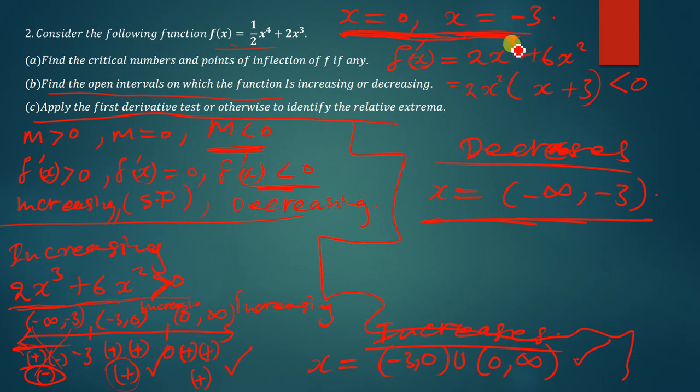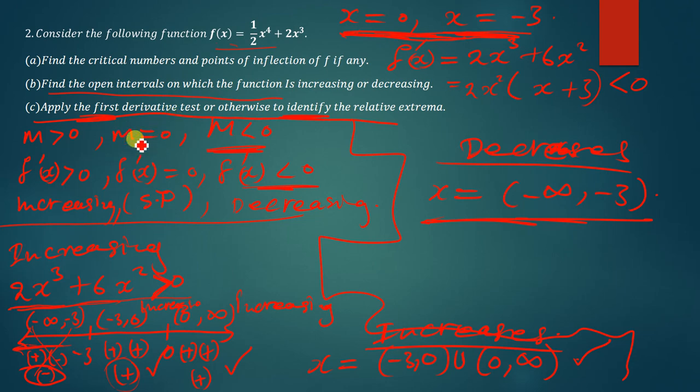Now, how do we identify the relative extrema, or how do we find the minimum and the maximum value? In this case, they are not asking us to find the relative extrema. They're asking us to identify, meaning we just need to determine whether it's minimum or maximum. And I think here it was supposed to be apply the second derivative test, not first derivative test.